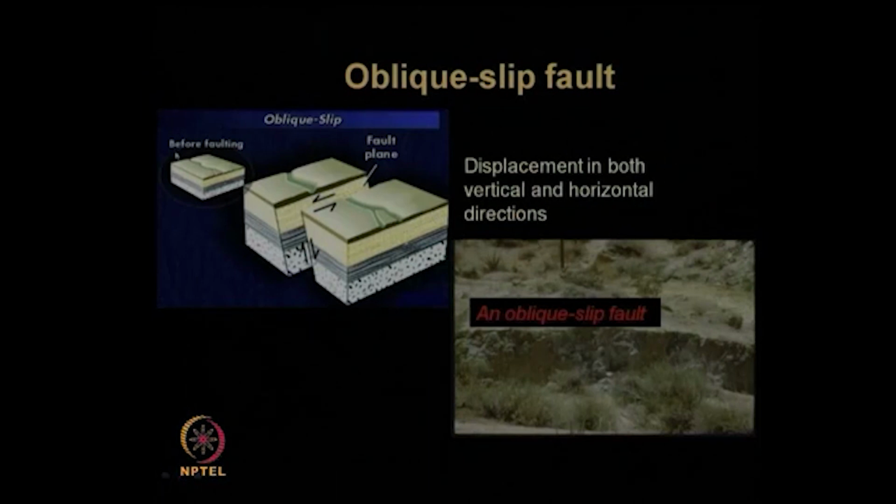So, among these types of fault, which faults can create a tsunami in the ocean?